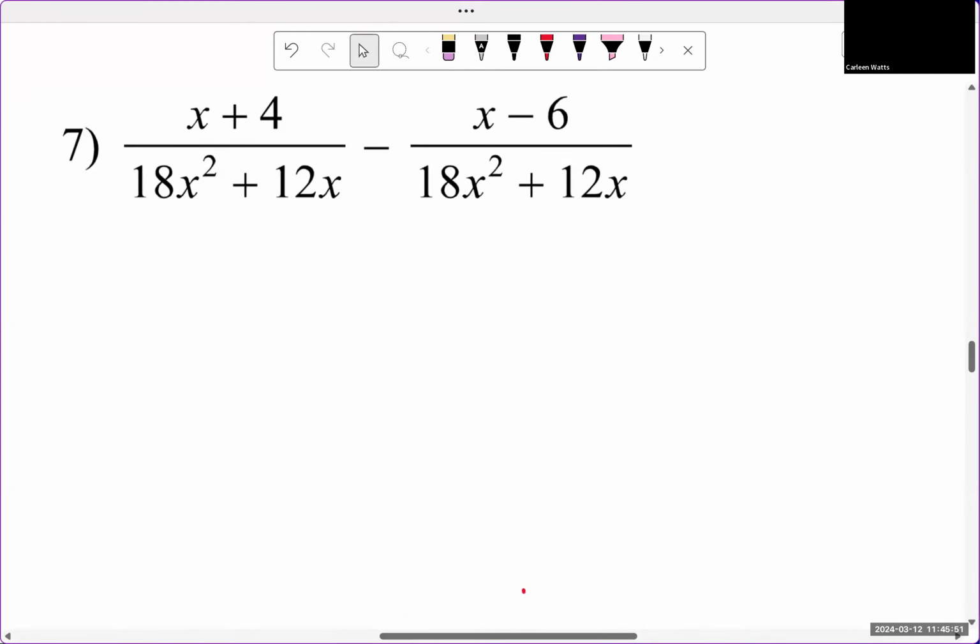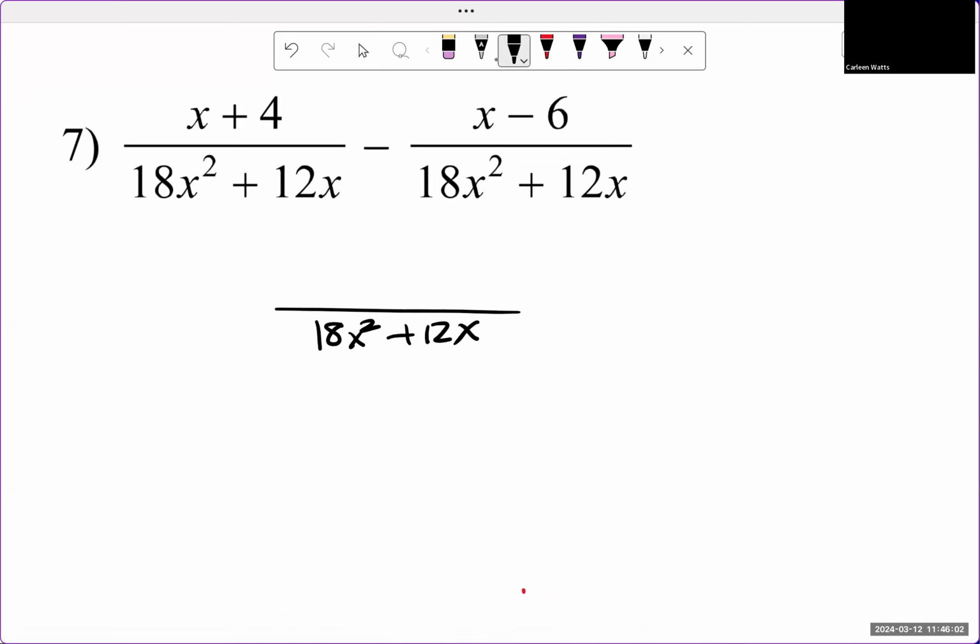Now, what's our common denominator? 18x squared plus 12x. Do we have to distribute that one? Yeah. So we're going to have x plus 4 minus x minus 6, and we need to distribute.